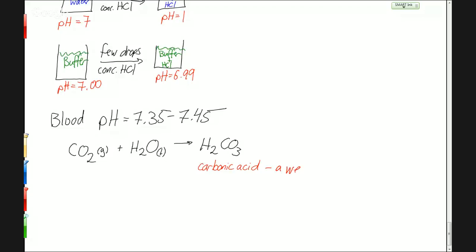Carbonic acid is a weak acid. So in solution in the blood, the carbonic acid goes on to do one more reaction. Because it's an acid, it reacts with a little bit more water to make hydronium, which gives us acidity, and bicarbonate.